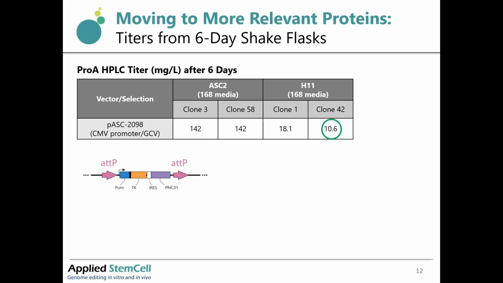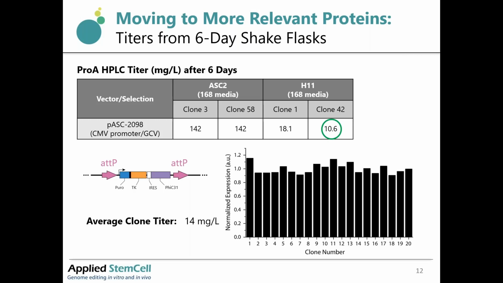Then we further picked clone 42 for subcloning, and the expression level was very consistent within the 20 subcloned cells, with an average titer of about 14 milligram per liter. This suggests the system is very stable and robust.